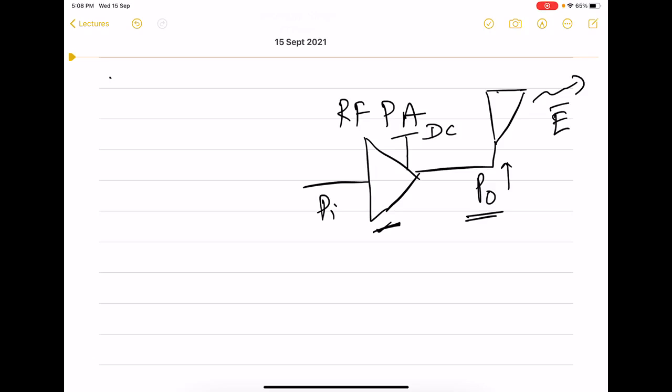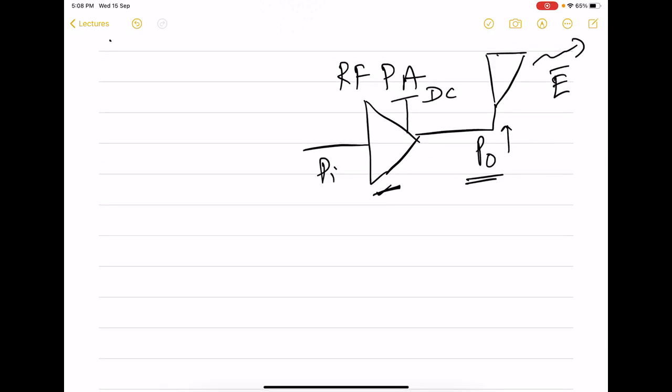And then when we start studying various power amplifier circuits, we will try to derive some of those parameters and then see which of the power amplifier circuits is better than the other one. And here we will be defining power gain, G equal to PO by PI. So output power from the amplifier and the input RF power to the amplifier.